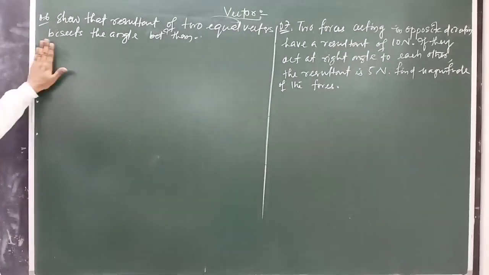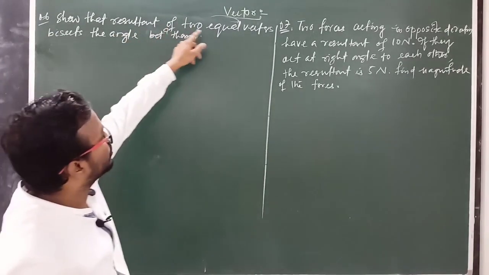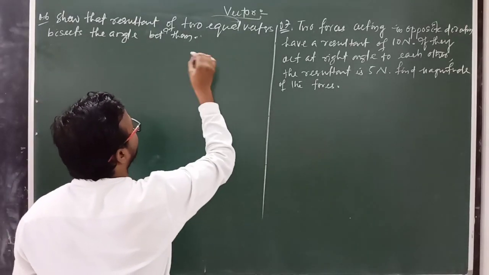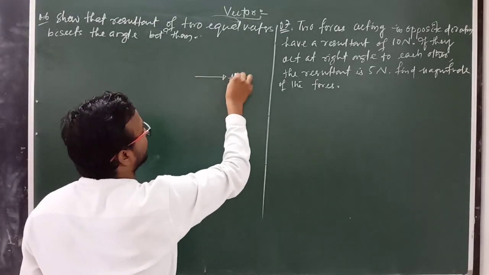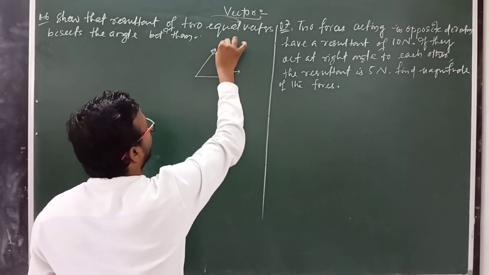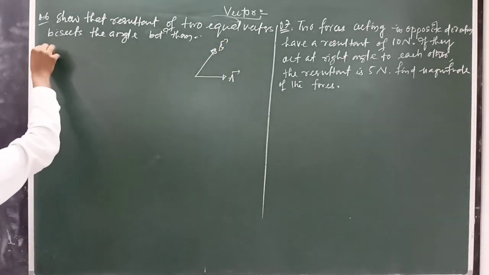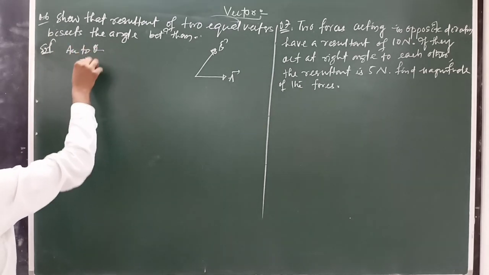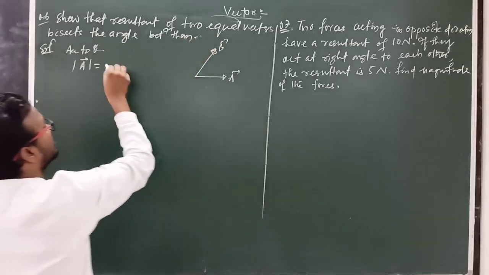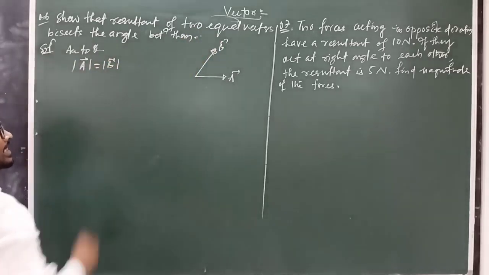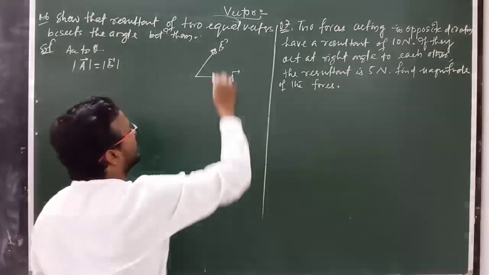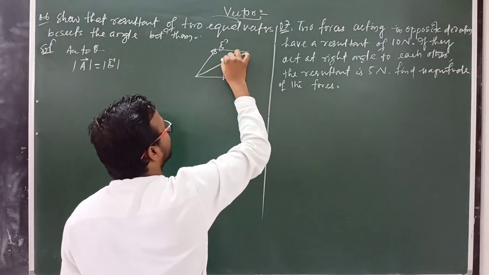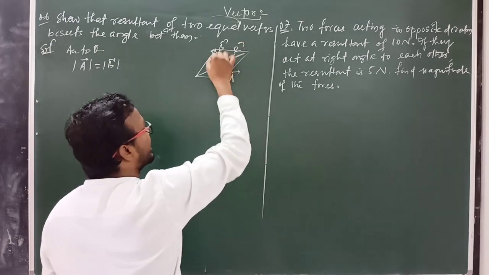Next question: show that the resultant of two equal vectors bisects the angle between them. Suppose the two equal vectors are a and b, but according to the question the magnitude of a vector is equal to b vector, and we have to show that if we complete a parallelogram, this is the resultant vector r, and this resultant bisects the angle.